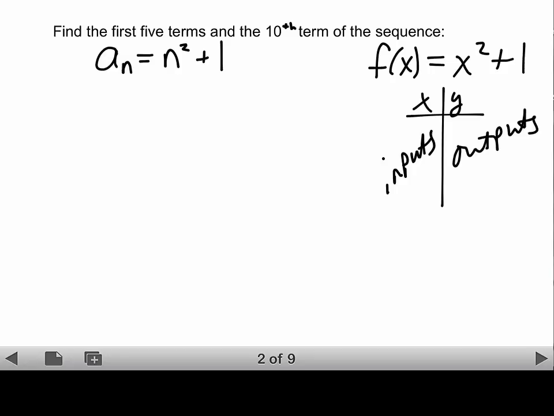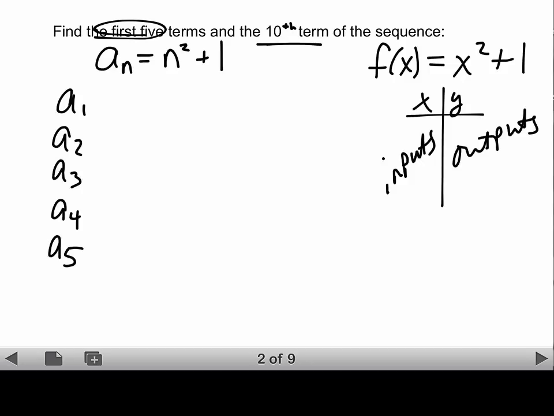They're just positive integers. So the first 5 terms, that means we're supposed to find a sub 1, a sub 2, a sub 3, a sub 4, and a sub 5, and then the 10th term. So that means also a sub 10. If it seems like this is going to be easy, you're right.